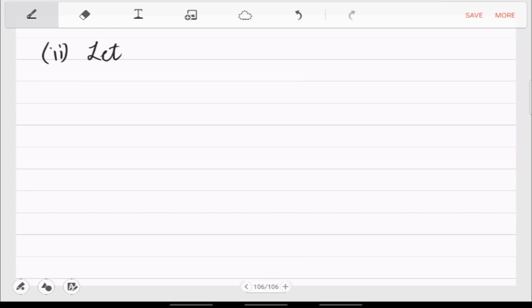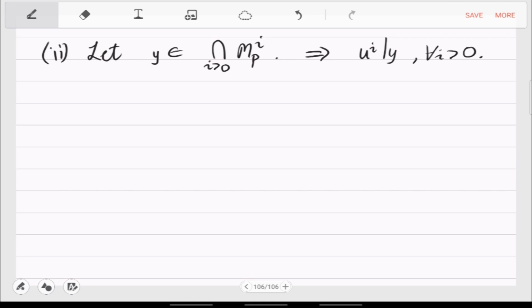So let y be an element in the intersection. This means that the uniformizer raised to i divides y for all i. Correct? So essentially infinitely many powers are dividing y, but ultimately y is just an element in the function field, so it's a finite object.